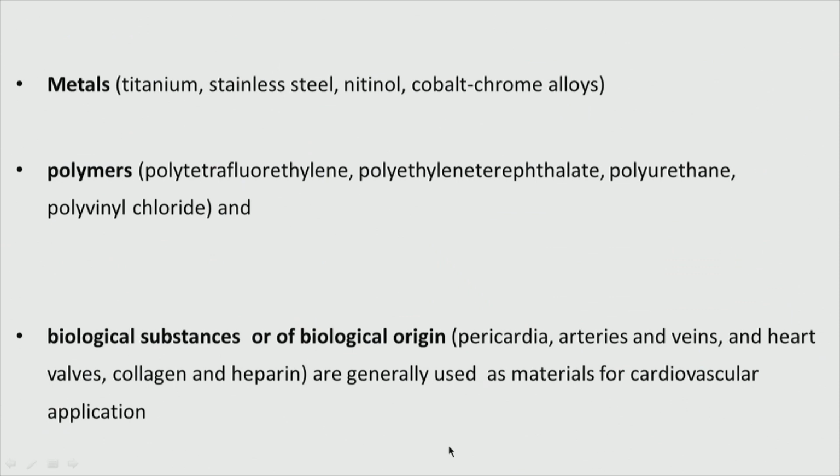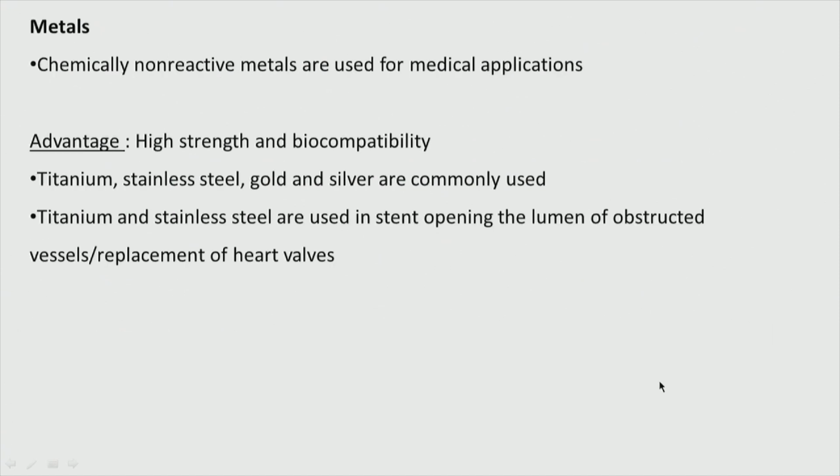So, titanium, stainless steel, nickel titanium combination, cobalt chrome, all these are used. Polymers: PTFE, PET, polyurethane, polyvinyl chloride. And biological could be pericardia, arteries, veins, heart valves, collagen, used as material for cardiovascular application.